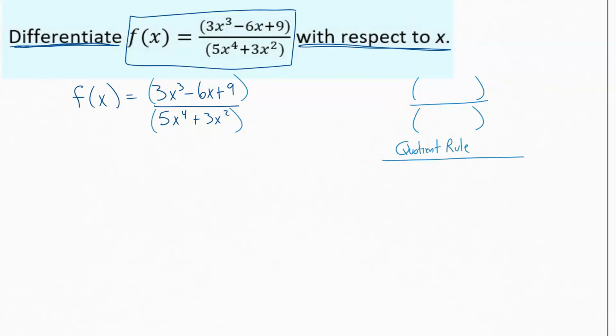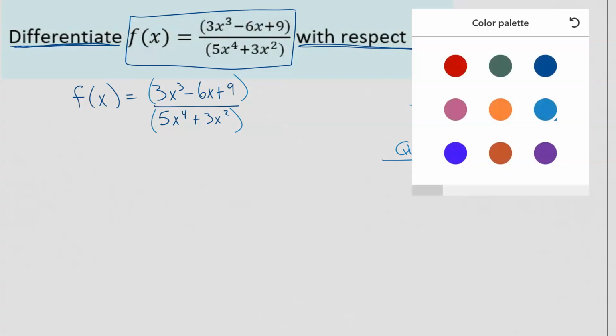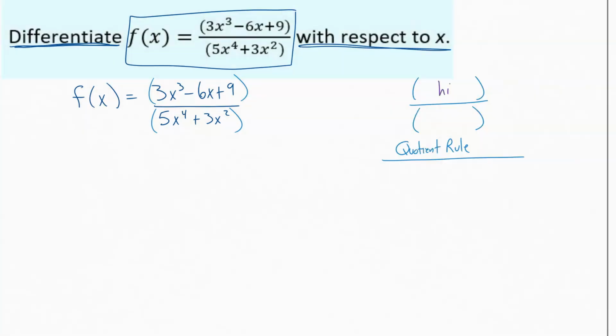So for all of the rules, I have what I call recipes. My recipes might vary from what your teacher specifically says, but they all work the same. You just need to find the recipe that sticks in your brain so that you can dump it out as soon as you need it. So what I do is I label the top piece here the high piece, and I label the bottom piece the low piece.